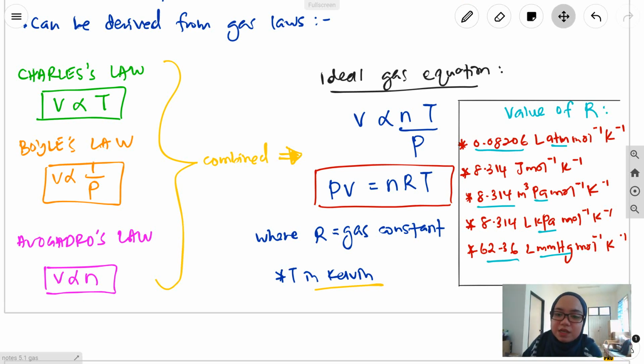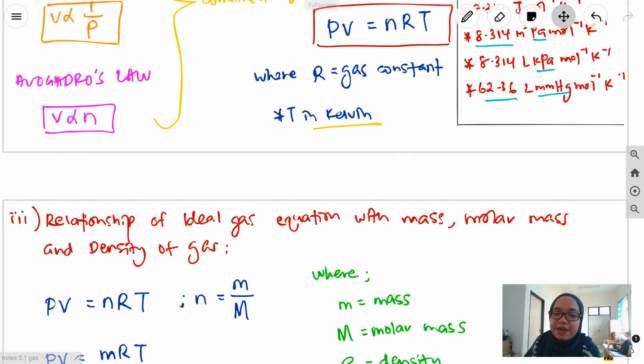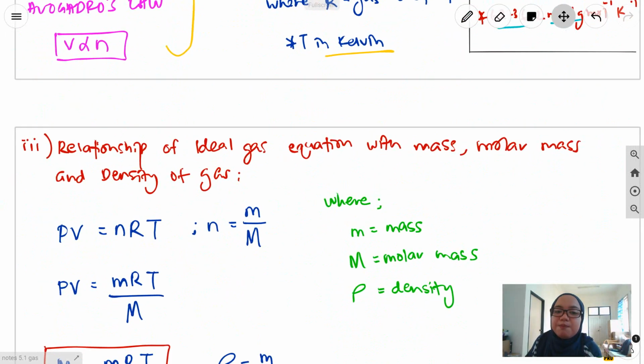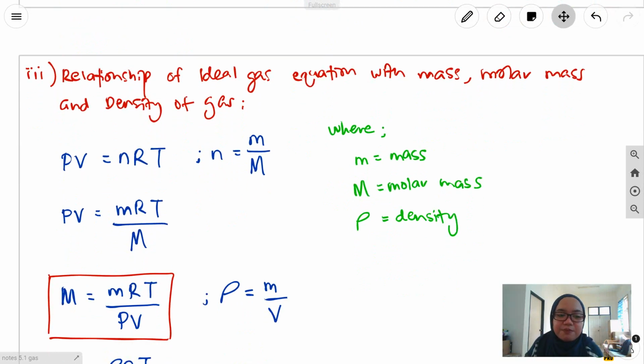Now we want to look at the relationship between the ideal gas equation and the mass, molar mass, and density of gas. We know that PV equals nRT, and the number of moles is equal to mass over molar mass.